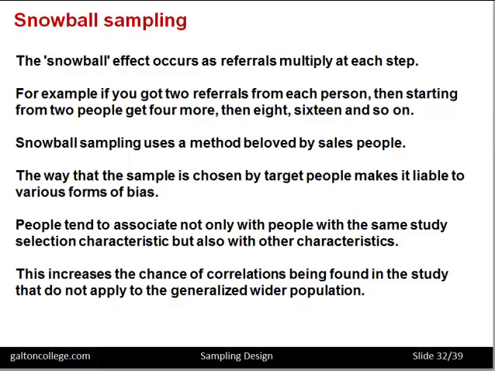I don't know these people perhaps, but they may have something in common. And to that extent, there's a correlation between us all, and the whole sample is somehow correlated. That correlation may not correspond to the characteristics of the wider community, and therefore, there may be an issue.